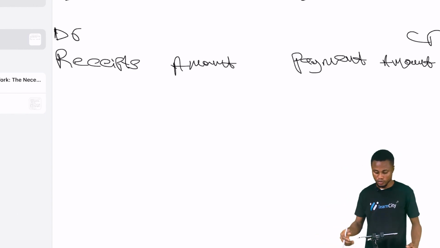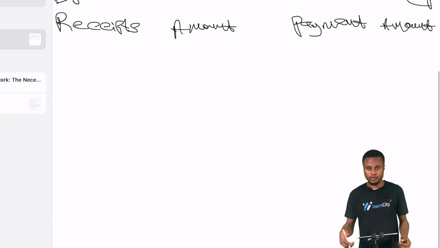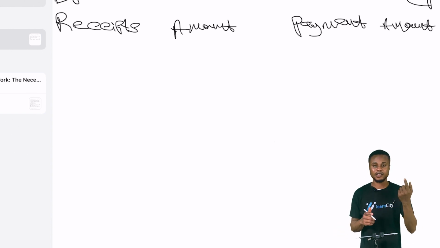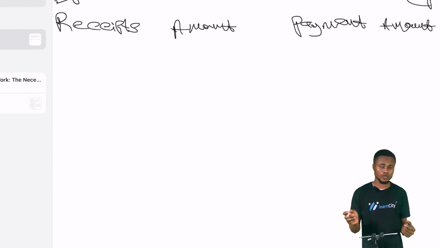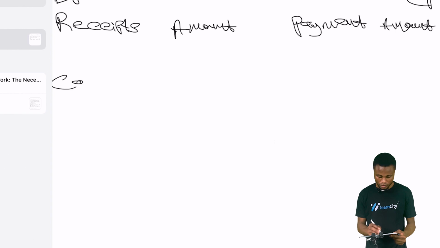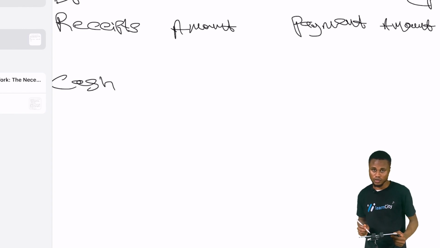In the question, if you go through it, they give us the value for cash. And I said earlier, anything related to the receipt will be in the debit side. So the value for cash is 600 naira, and you write it under the amount column.